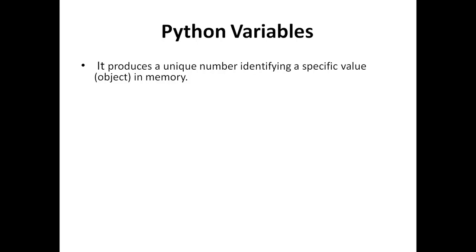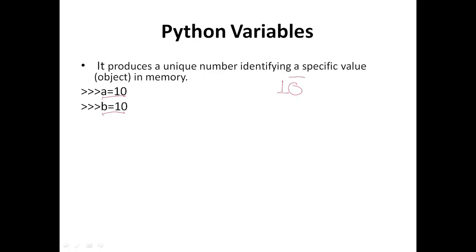In Python, if you want to know the address of a variable or object, you can use the function id. Here I have written two variables with the same value. A has the value 10 and B has another value 10. In Python, the interpreter does some optimization and does not create separate memory for these two.